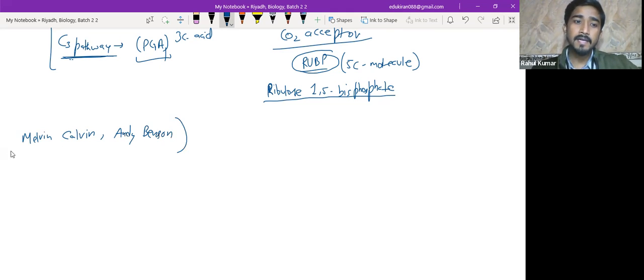So Melvin Calvin and Andy Benson together figured out and elucidated this Calvin cycle.